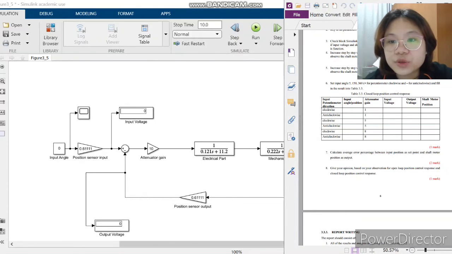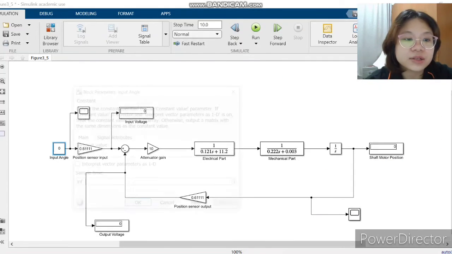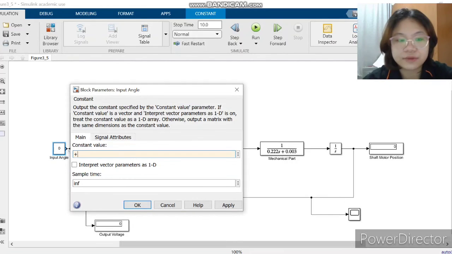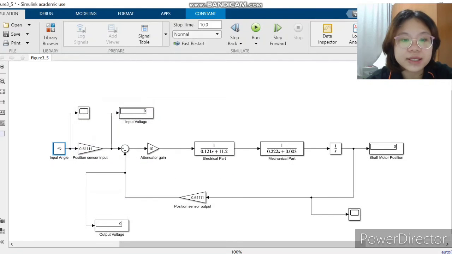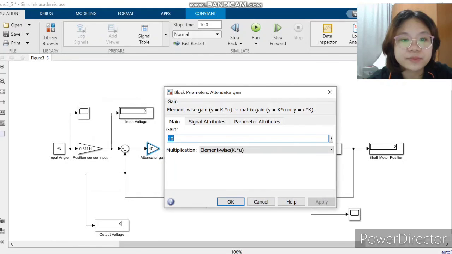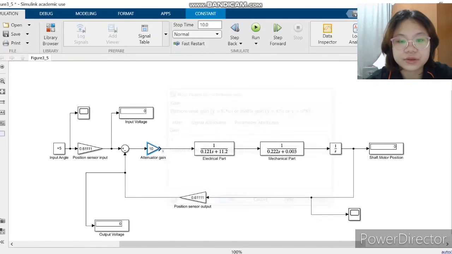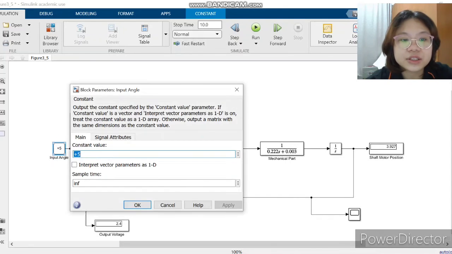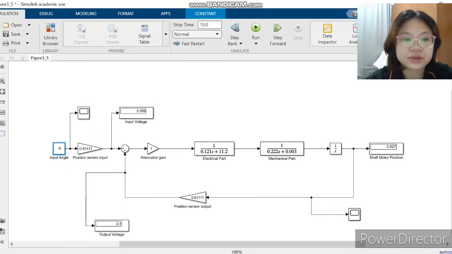So we set the input angle positive 5 for clockwise, and attenuator gain 1. For input voltage, shaft motor position and output voltage, and then we change to anti-clockwise, which is change to negative, and we run the simulation.